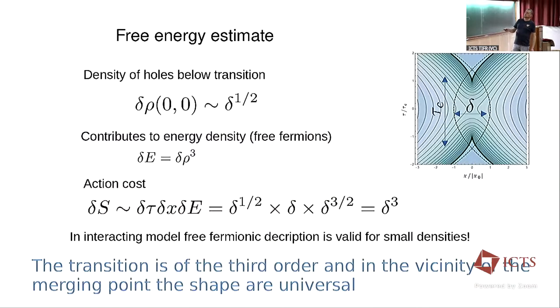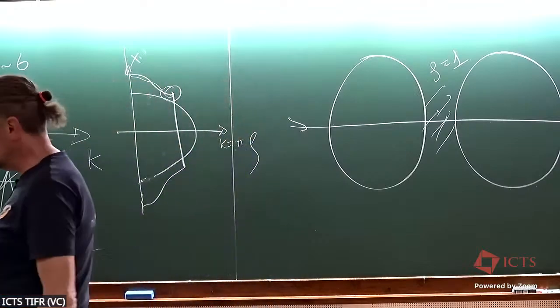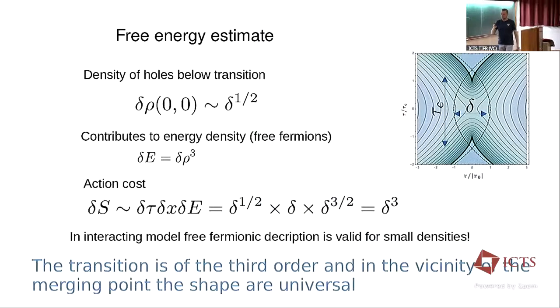Another question is what is the cost in the action. This can also be estimated by remembering that the energy is the energy of free fermions, so it has this type of dependence on the density, rho to the power 3, and also noticing that the density deviates from its value 1 to the extent of delta to the power 1/2. So all this is delta^(1/2) times delta.